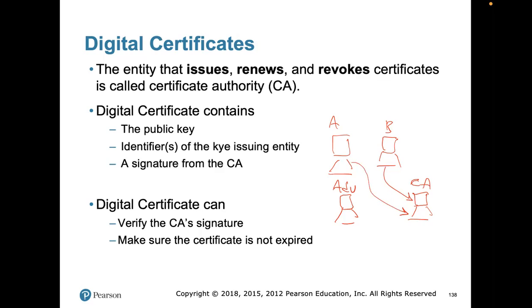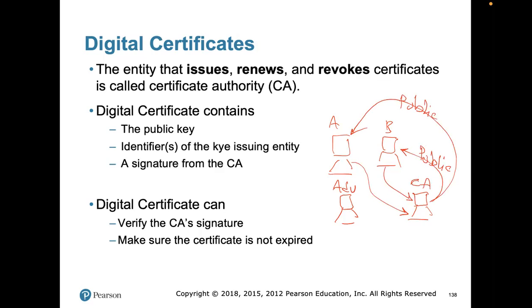And this certificate authority is the node in the network that has already shared his public key to the network. So Alice, Bob, and anyone in the network knows the public key of this certificate authority.